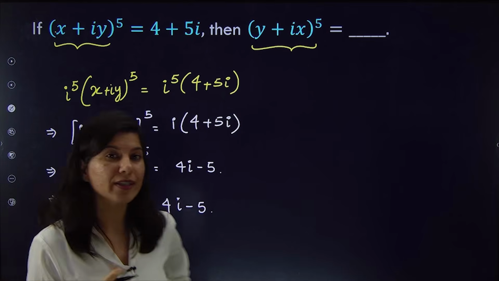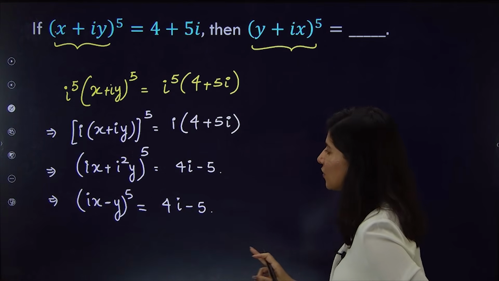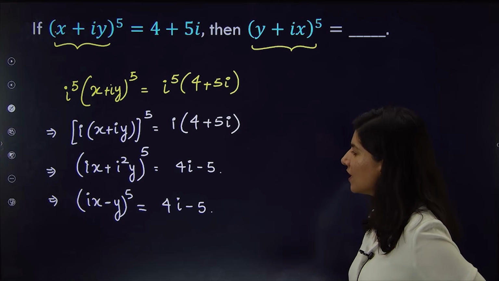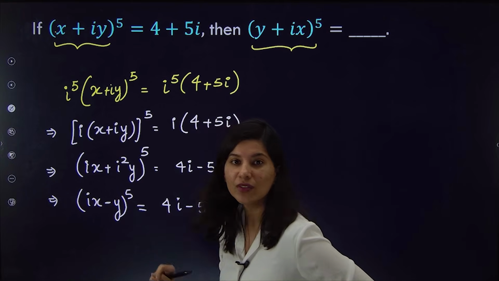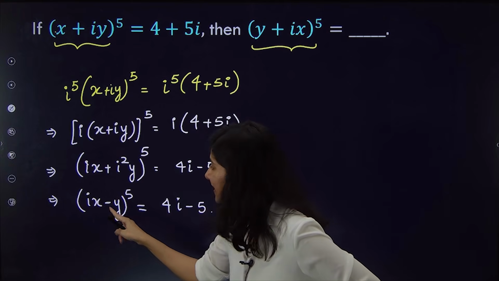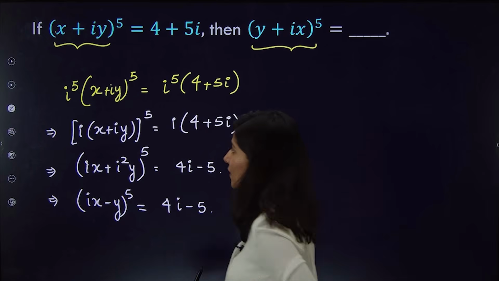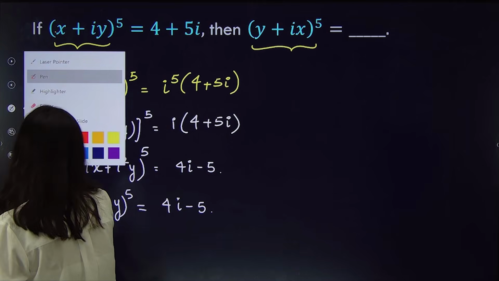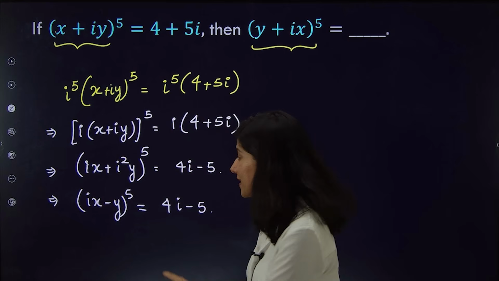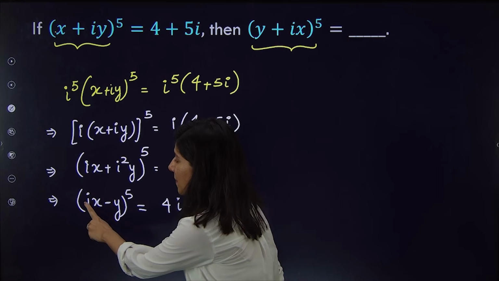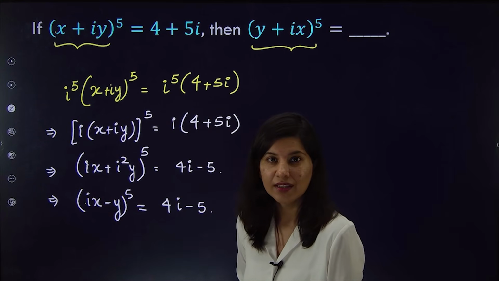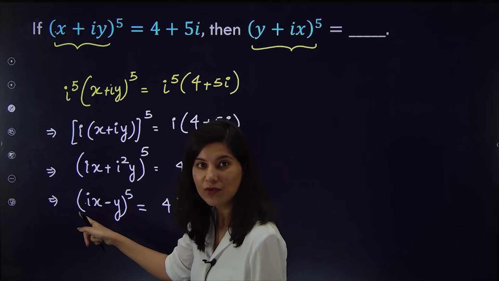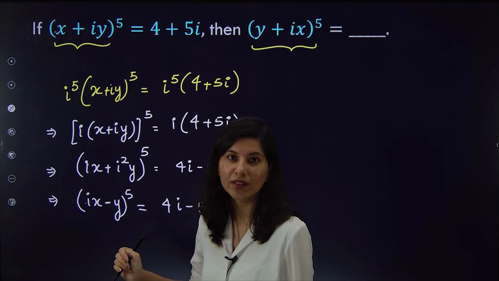Now what is the difference? What is the similarity? So iota, we have achieved. We just want a plus sign over here. Or else, if not a plus sign, can we obtain a minus sign over here? Then if we obtain a minus sign, we'll take the minus sign common.